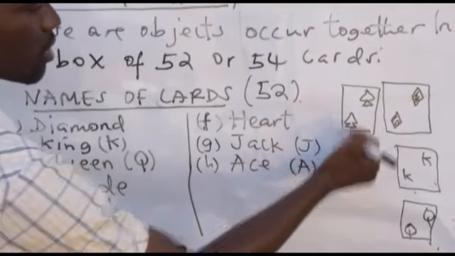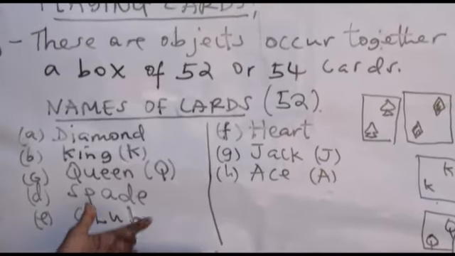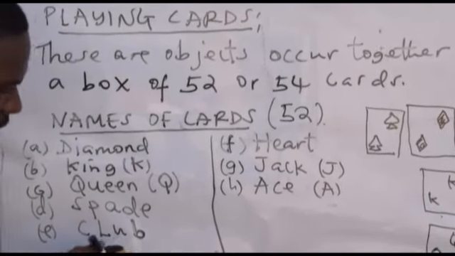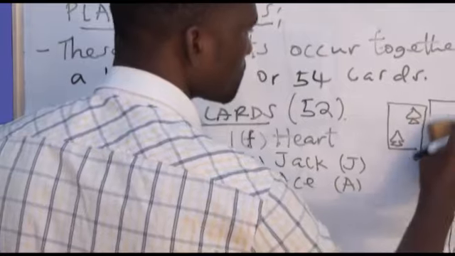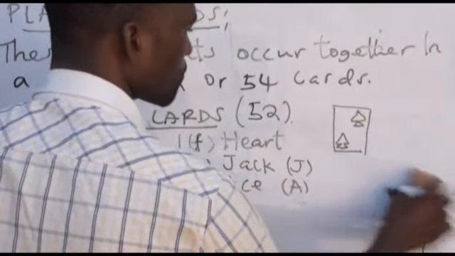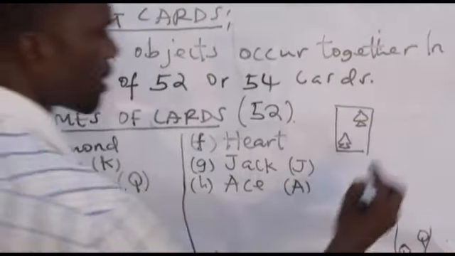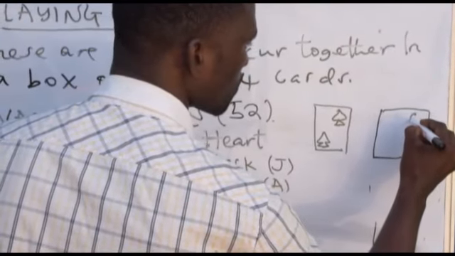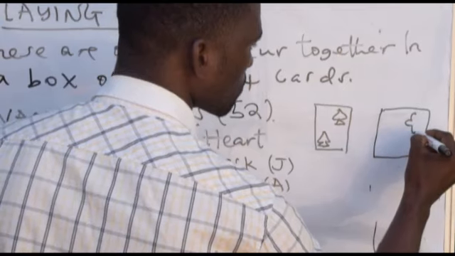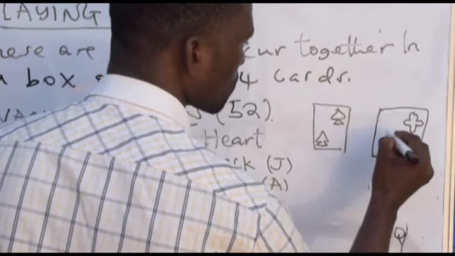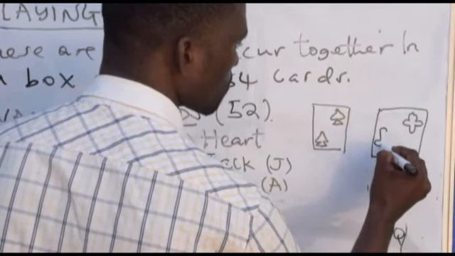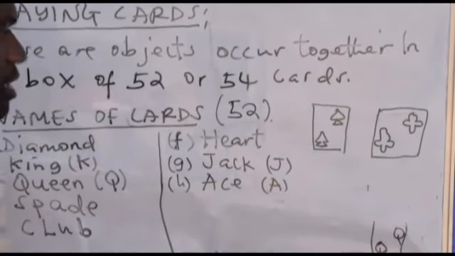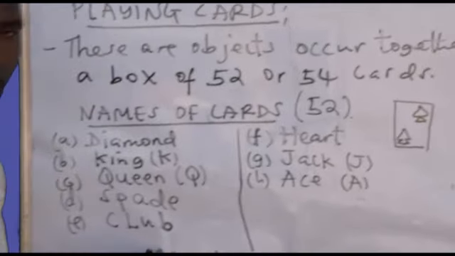So a card like this one is called a spade. Another card is club and looks like this. So a card with this shape is called a club.